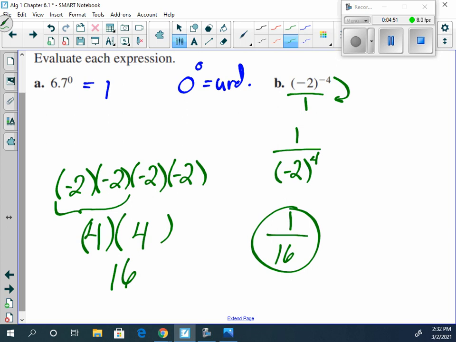Try typing in negative 2 to the negative 4th in your calculator. So type in parentheses, negative 2, close parentheses, our exponent, negative 4, and see what you get.